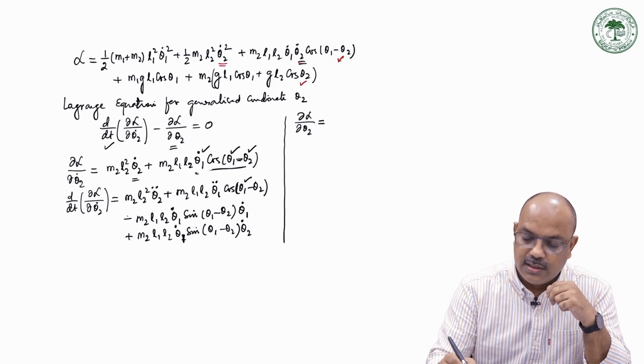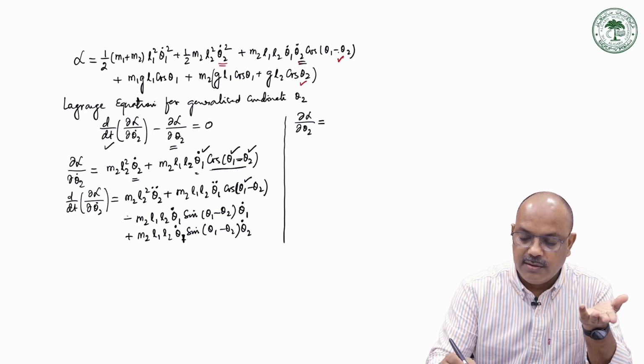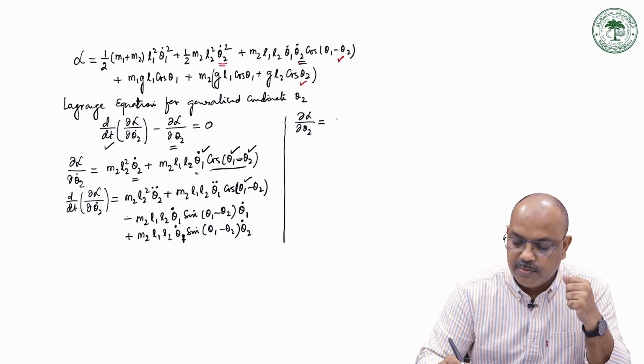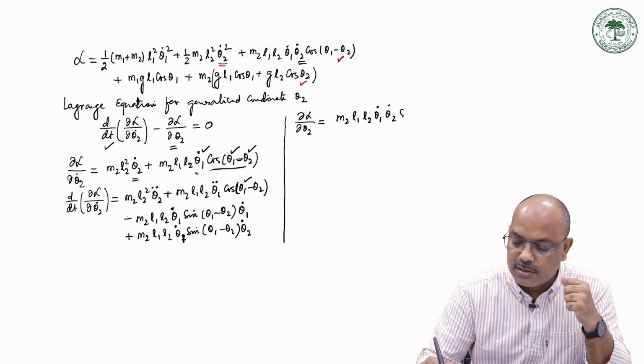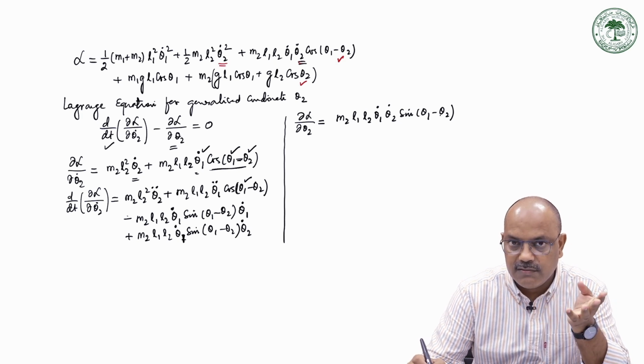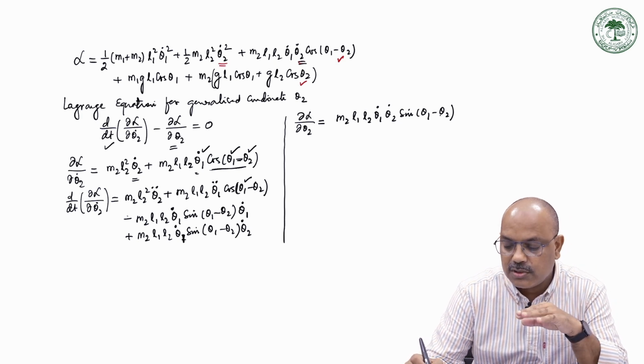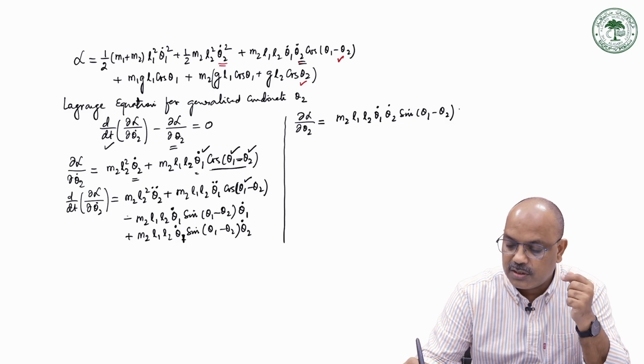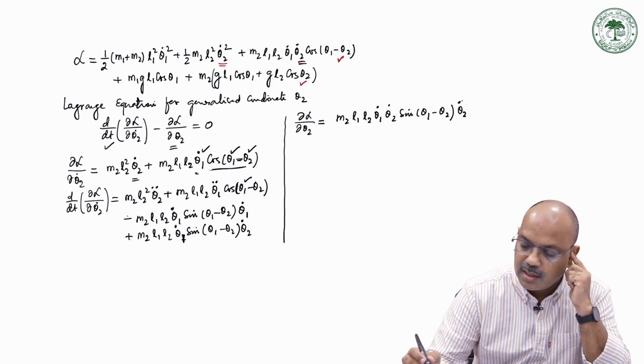The first one with theta 2: cos becomes, this is the negative of this, so cos will become sine, with a negative again it will be positive. This is going to be m2 L1 L2 theta 1 dot theta 2 dot times sine of theta 1 minus theta 2. Cos goes to sine with the negative sign, and then because of theta 2 this negative will be positive, so this is going to be positive.